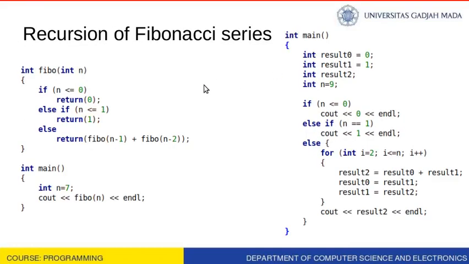Now I will give you an example for doing Fibonacci series in 2 ways. The first by using recursion, and the second by using iterative command using for. So here, this one is the recursion version, and then this one is using iterative command using for.